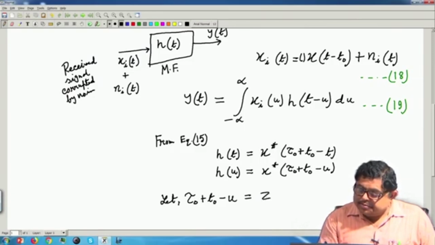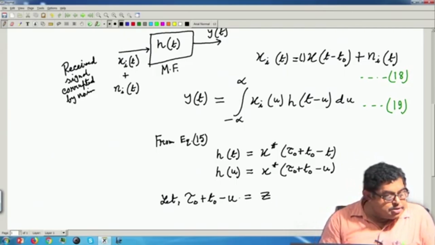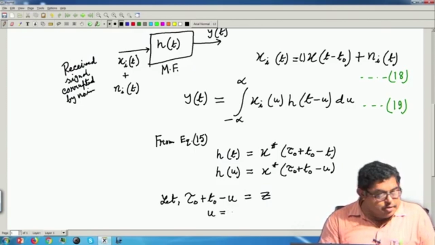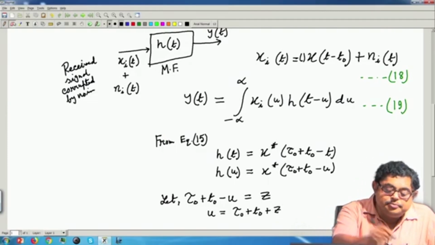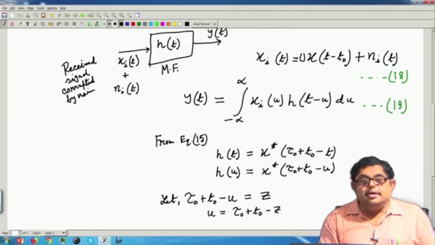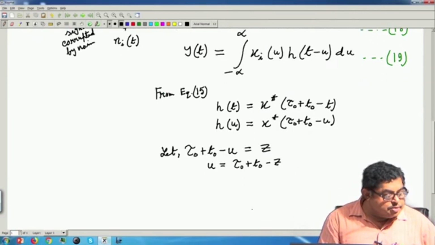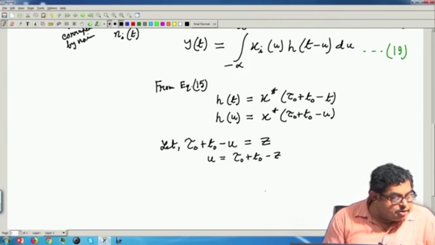If you do this, then we know what u is: u will be tau naught plus T naught minus z, and then du will be equal to minus dz. That thing you can use.